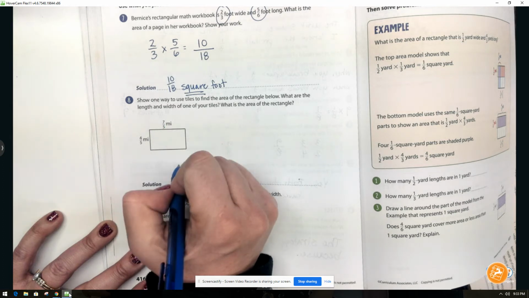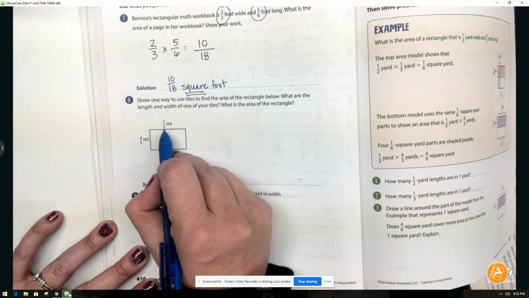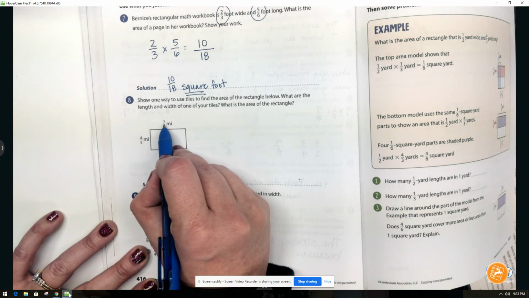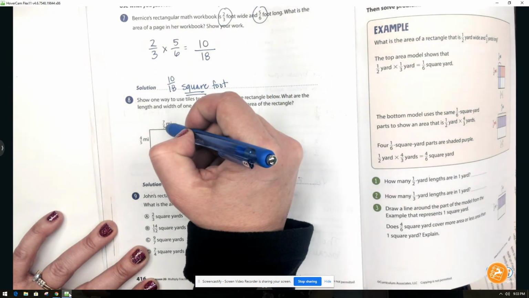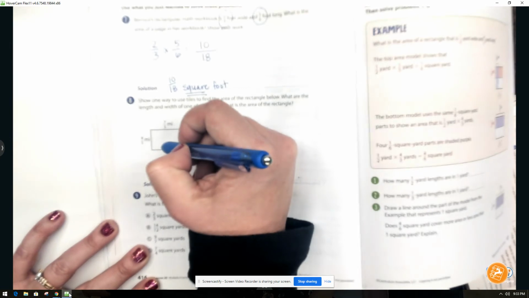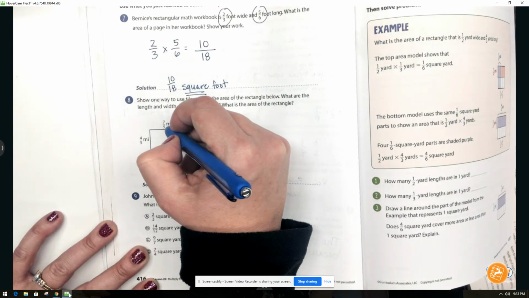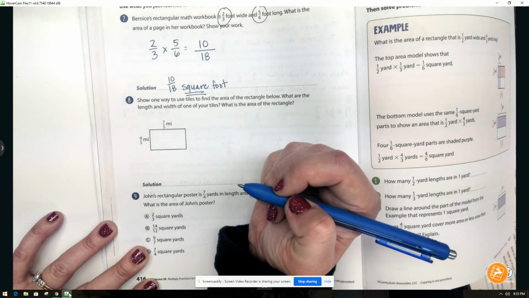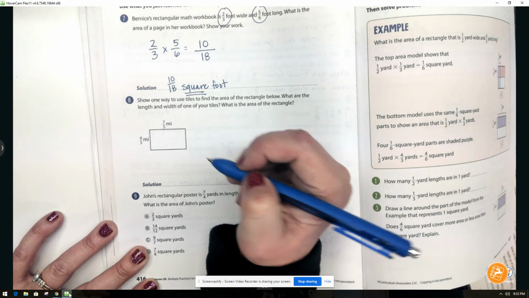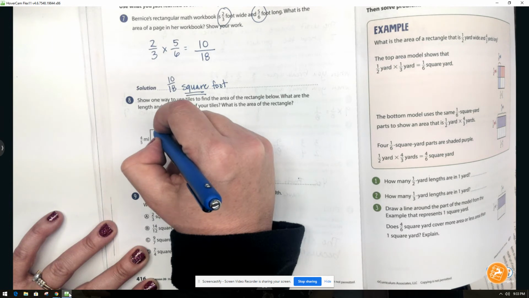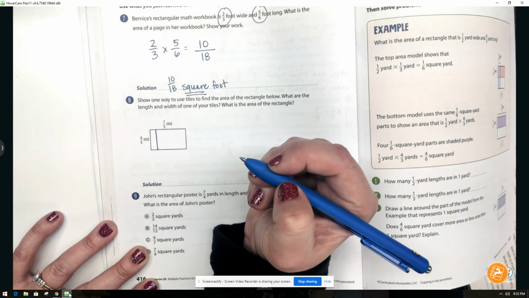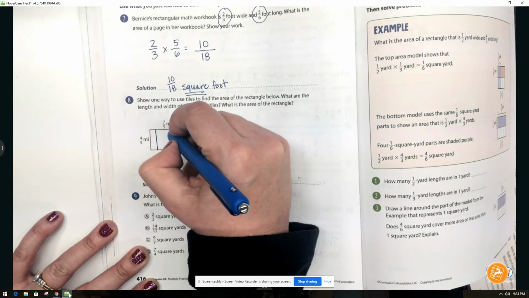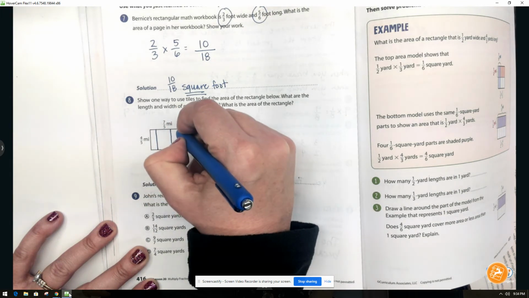When we use tiling as our method, we need to create our columns so they all need to be unit fractions. So our columns need to be in fifths, and in this case, we're going to look at the 7 to tell us how many fifths we need. So we need 7/5. We're going to break our columns into 7 sections. So there's one section, and now I'm going to break the rest into 6.